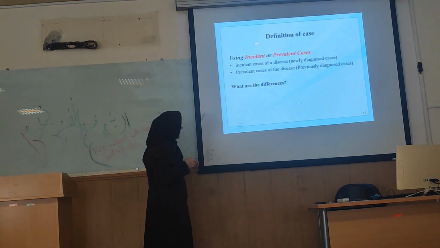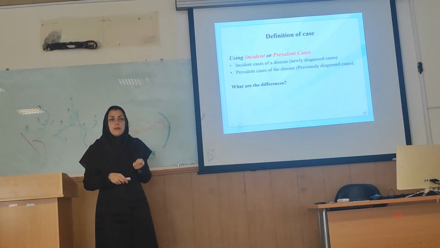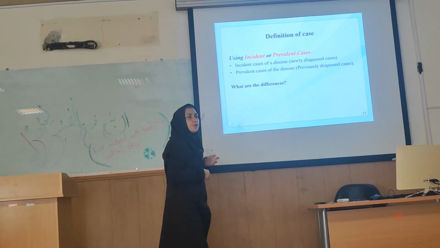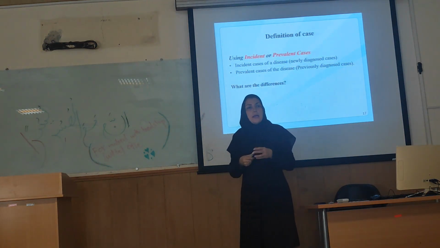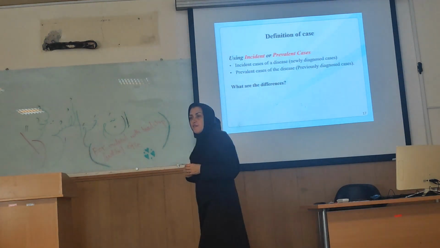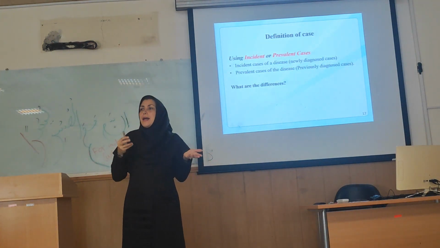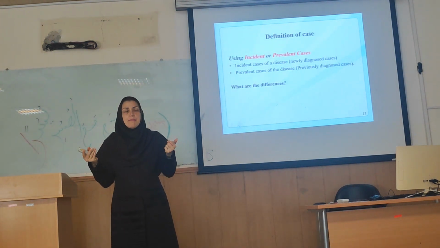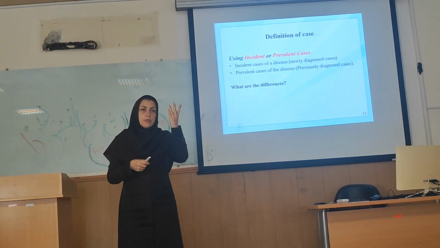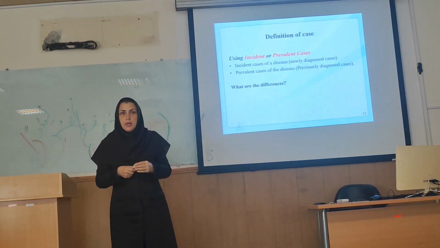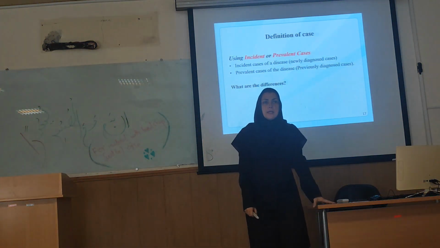We can use incident or prevalent cases. For example, I want to plan a case control study to investigate the association between breast cancer and, for example, blood pressure. What is dependent variable here in this example?